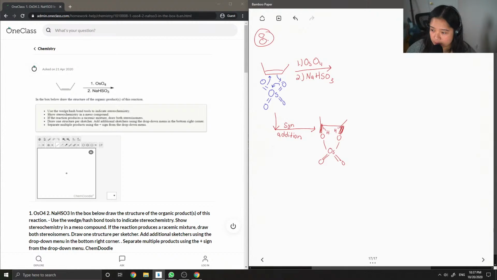But then finally, this is when the sodium bisulfate comes in and removes that osmium group. And then our final product is a cis-diol. Let me draw out the stereochemistry.